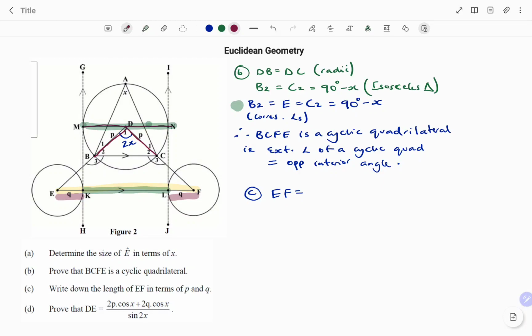We've been given the radius BD to be P, so we have line MD is also P, and the line DN is also P. So what we have here, KL, will be P plus P. So if I state that, I have line EF equals Q plus P plus P plus Q. So therefore, the line EF is equal to 2P plus 2Q.